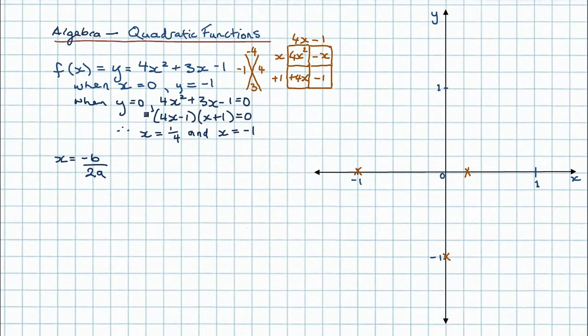So now, to find the turning point, all we need to do is plug in our values. And we've got them nicely laid out up here. We know that b is 3, so at tp, x equals minus b all over 2a.